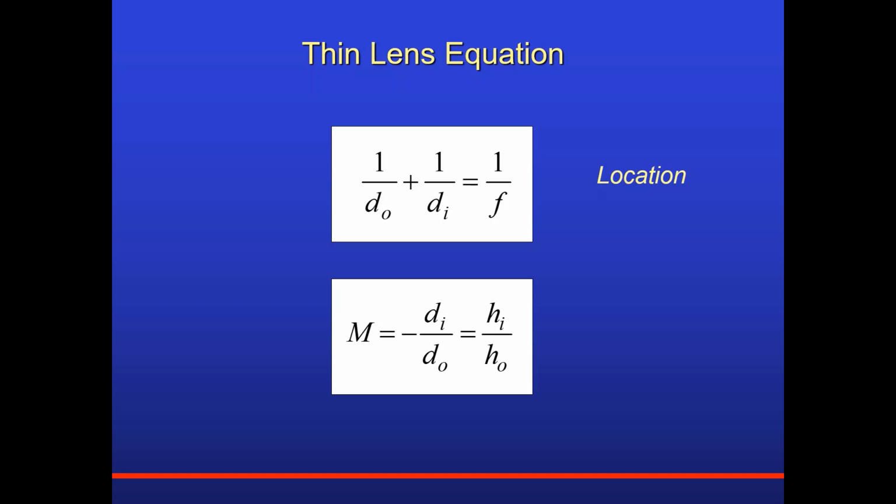This relates the distance of the image to the distance of the object to the size of the image hi to the size of the object ho. This is the magnification equation. The first equation deals with location. The second equation deals with magnification.